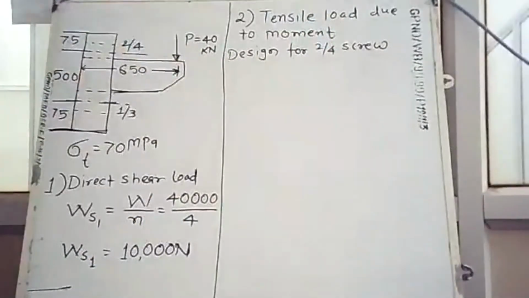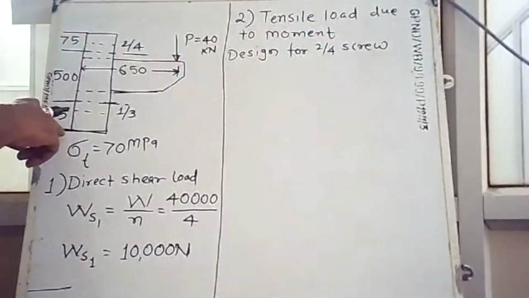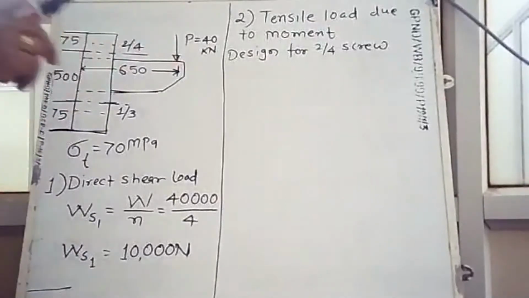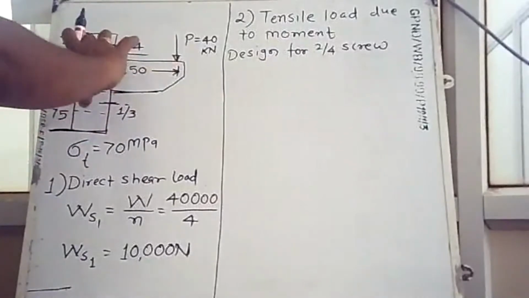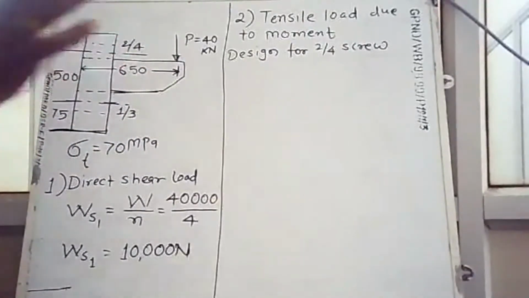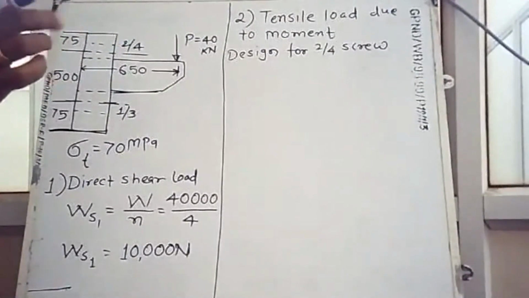Why? Because they are away from base. The distance from the base for the 2 or 4 screw is more. So when it turns, it will rotate and then it will break. Okay, so that's why we say that design for second or fourth screw.